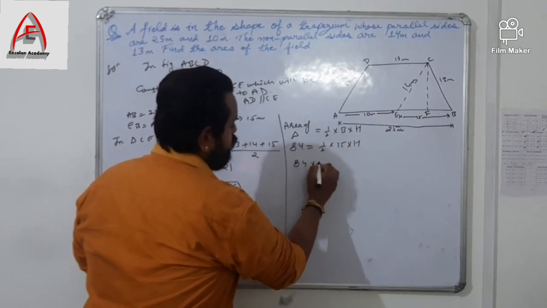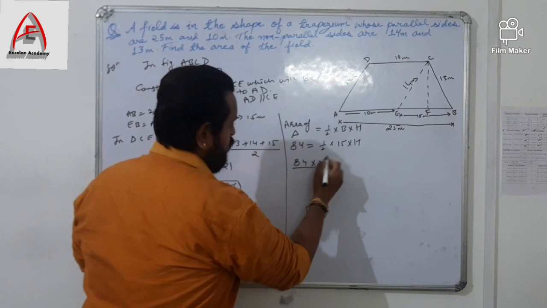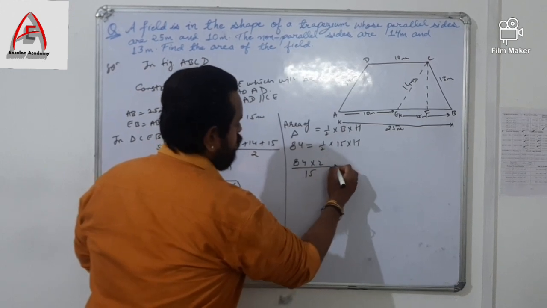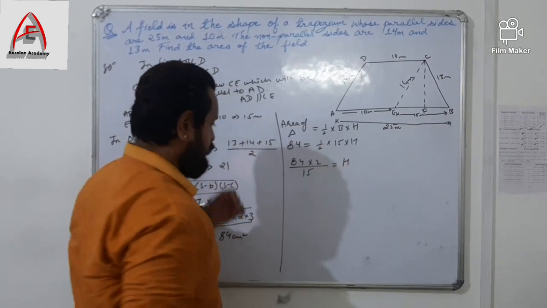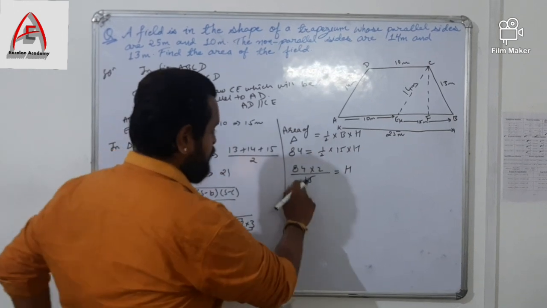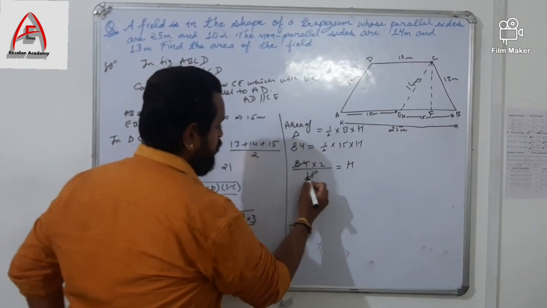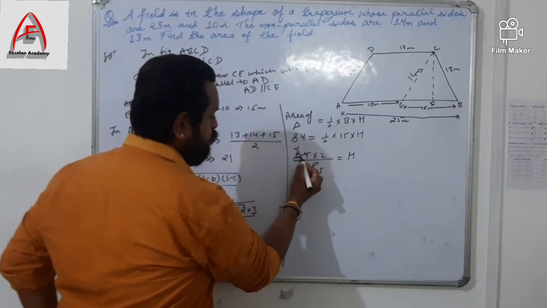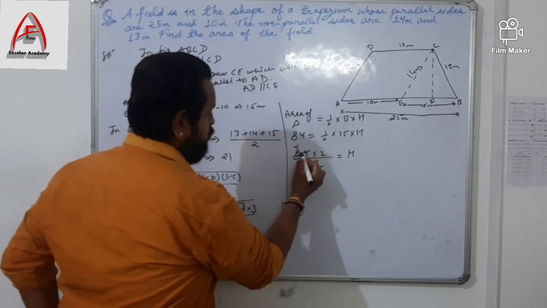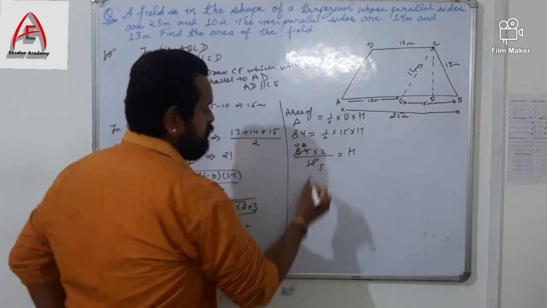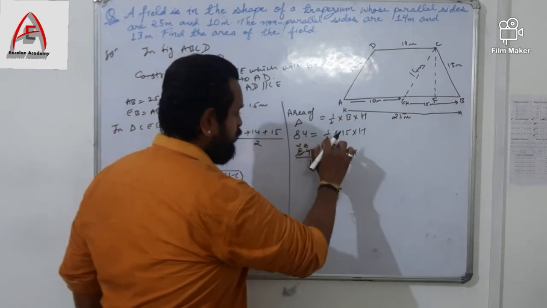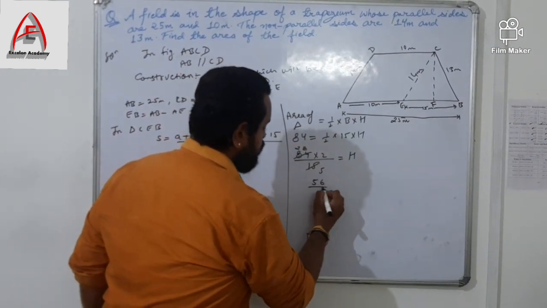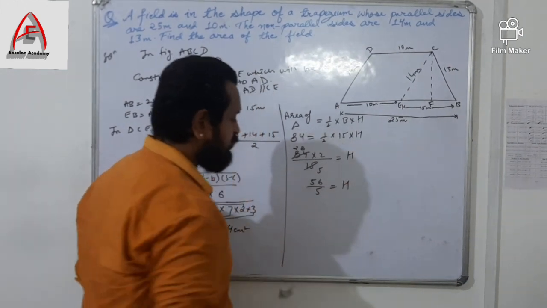So 84 into 2, this 2 will go up and 15 will come down, equal to h. After cancellation, they cancel by 3, this will be 5, and here you will get 28. 28 into 2 will be 56 upon 5. This will be the h.